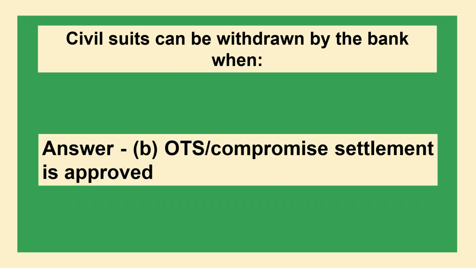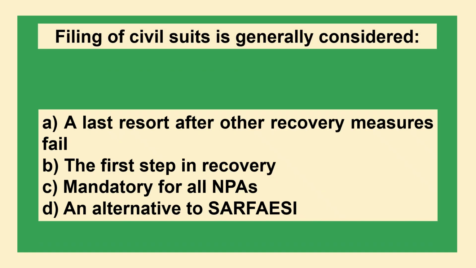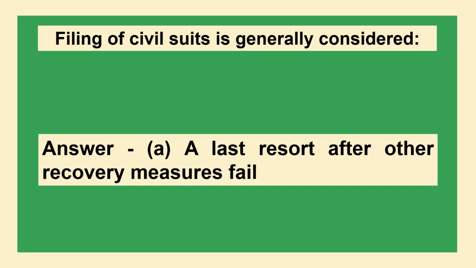The answer is option B, OTS and compromise settlement is approved. Filing of civil suits is generally considered option A, last resort after other recovery measures fail, option B, the first step in recovery, option C, mandatory for all NPAs, option D, an alternative to SARFAESI. The answer is option A, last resort after other recovery measures fail.